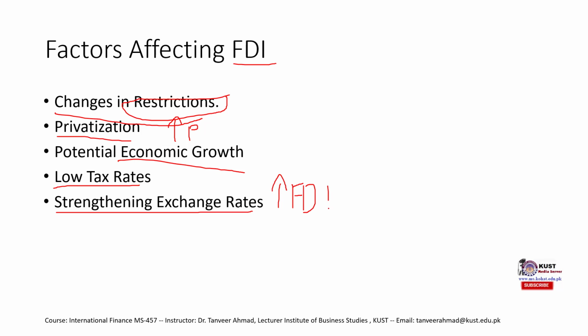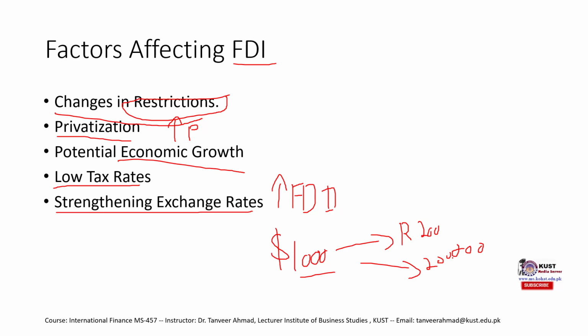For example, consider a US investor who invests $1,000 in Pakistan, and the investor anticipates that the Pakistani rupee would appreciate. For example, now it's 200 rupees per dollar. So by investing this $1,000, this investor would essentially invest how many rupees? It would be 2 lakh rupees, right?